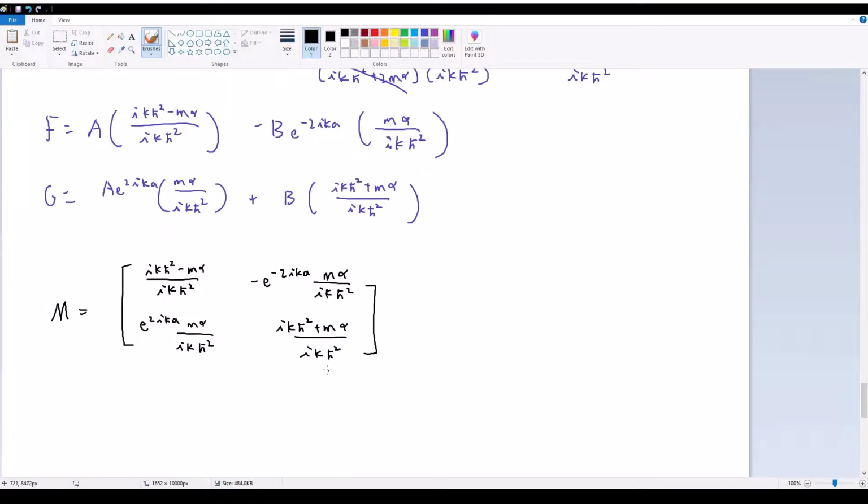Now, note here the difference between the M matrix and the S matrix, because when we're dealing with the scattering matrix S, when we had a symmetric potential, what we saw was that the diagonal terms were all equal. In this case, because the M matrix is dealing with the right side amplitudes with respect to the left side amplitudes, even though the potential is symmetric, it no longer has the same elements across all of the diagonal terms.